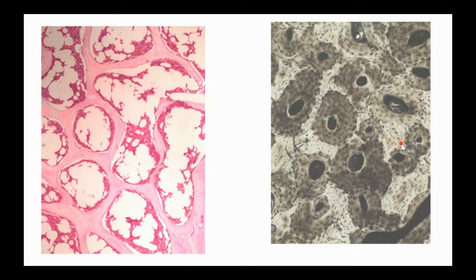Like any other kind of cell in the body, osteocytes need oxygen and nutrients. And that's going to come from these dark spots here in the middle that we call central canals. So if this tissue was alive, there would be blood vessels inside these big dark spots.